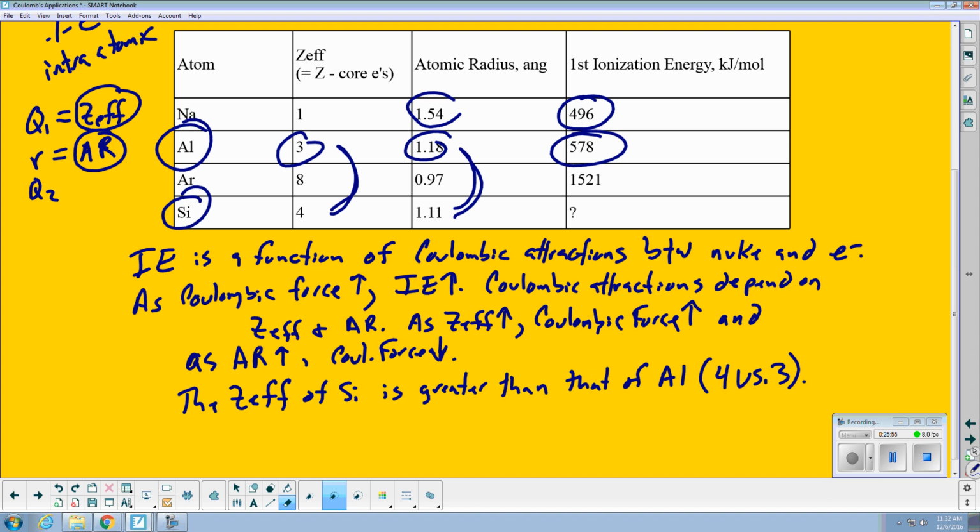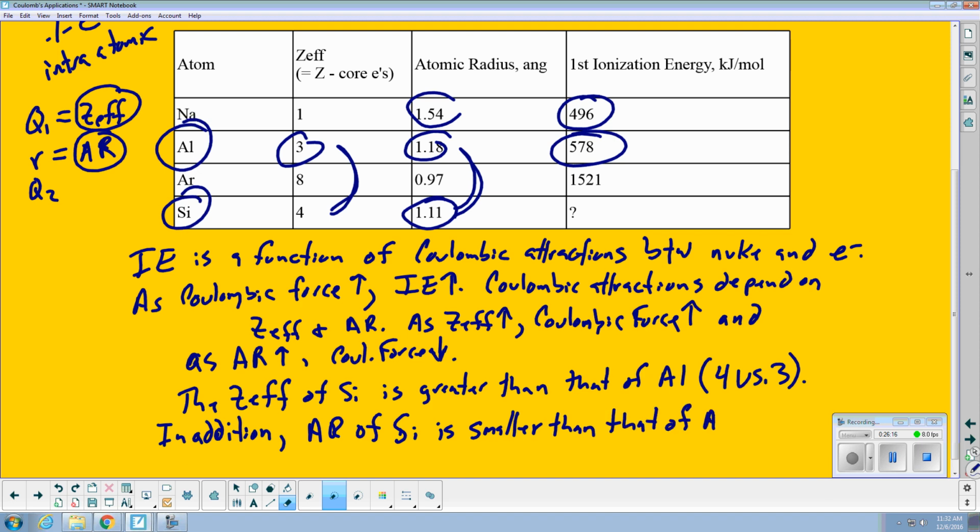In addition, my atomic radius of silicon is smaller than that of aluminum, right?